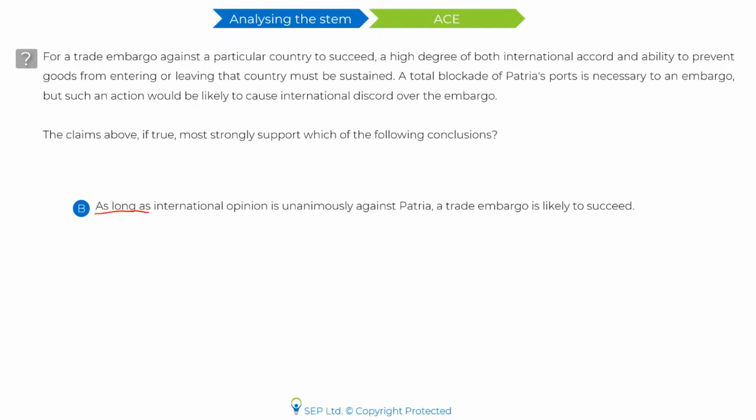What is as long as? The word as long as in English means what? No, as long as is not a necessary condition. No, what does as long as mean? Again, I'm telling you, if I say as long as you don't eat sugar, you will lose weight. What does it mean?